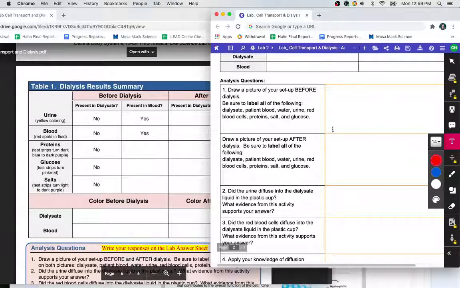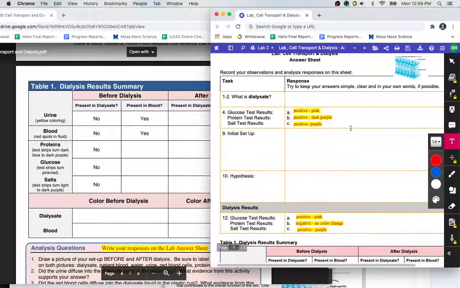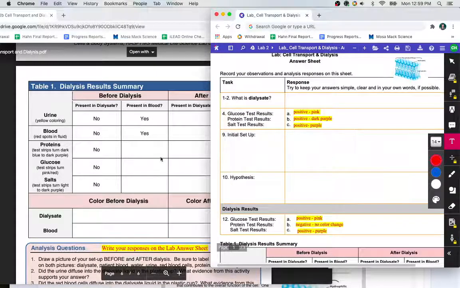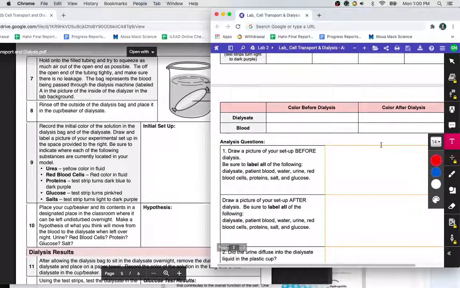As far as your picture, this picture is going to be the same as the picture that you had above for your initial setup, which we talked about right here, where there's nothing in the dialysate, but all the substances are going to be in the blood. So the blood, water was in the dialysate, urine, red blood cells, protein, salts, and glucose, those are all in the blood.